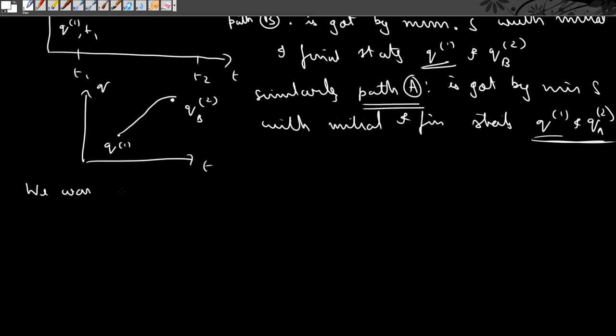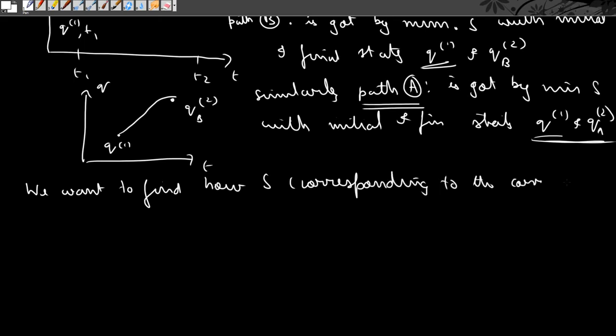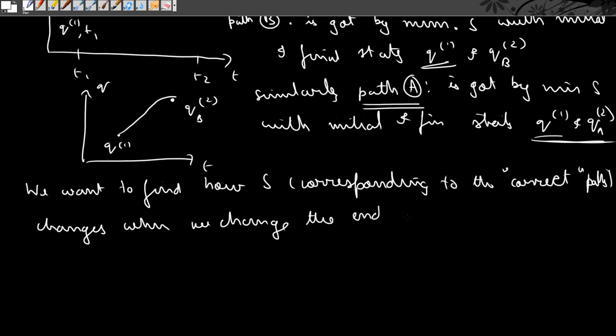We want to find how S, corresponding to the correct paths, changes when we change the endpoint.